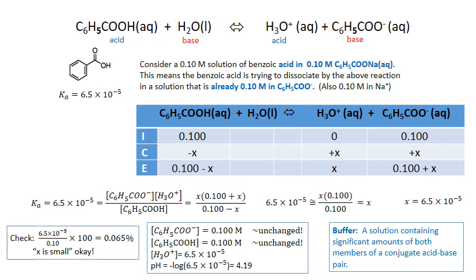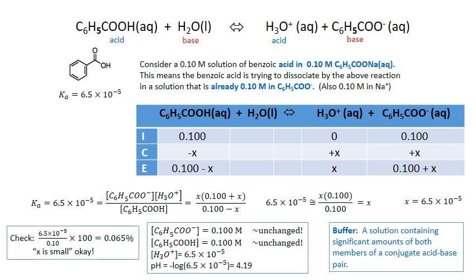It's teeny tiny. Okay, and we attributed this to the common ion effect. The presence of the benzoate, for instance, inhibits the dissociation of the benzoic acid. The presence of the benzoic acid inhibits the reverse reaction, so essentially they're locked against each other.